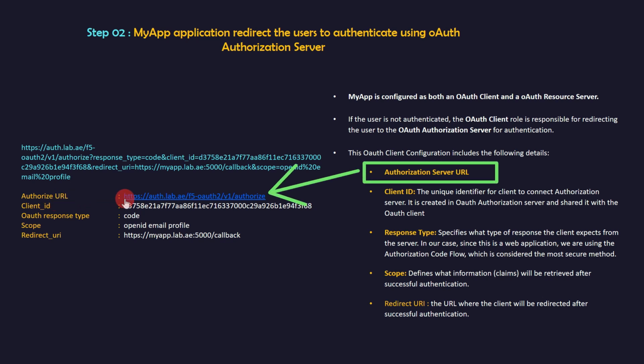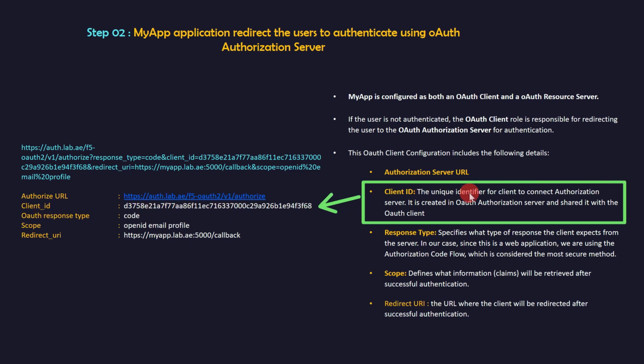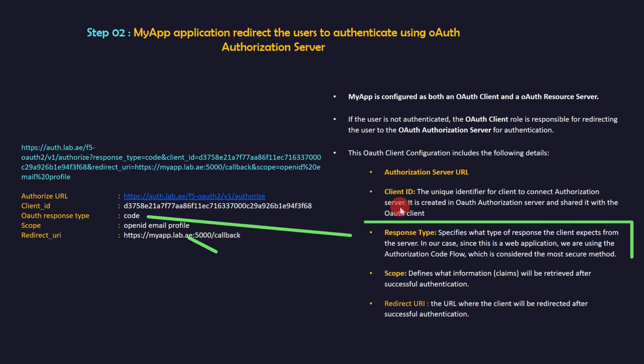Authorization server URL is nothing but the authorization endpoint which is going to authorize the OAuth client. The client ID is a unique identifier for the client to connect and register the client to the authorization server. Response type specifies what type of response the client expects from the authorization server.